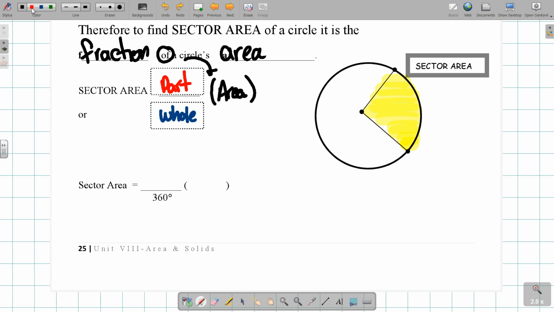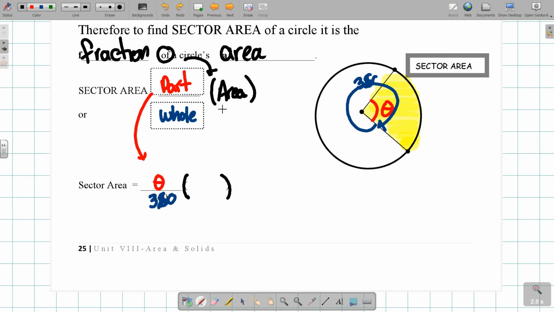What does this look like as an equation? Well, the part, once again, is going to be that central angle theta. Sweep the whole, which is 360, times area, which is pi r squared.